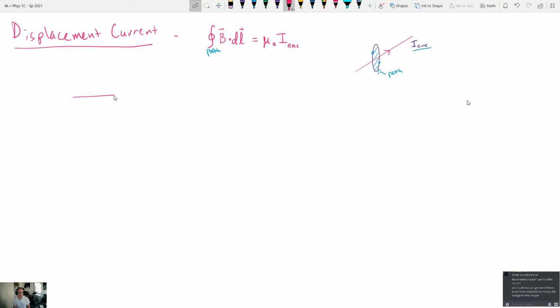a system where I have a wire that is connected to a battery. So here's my battery down here. And we include a switch. We include a resistor, R, and we include a capacitor.